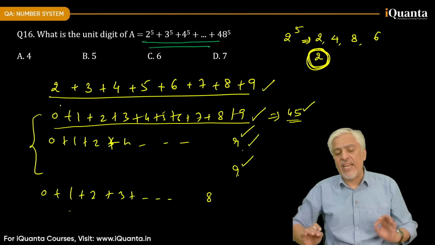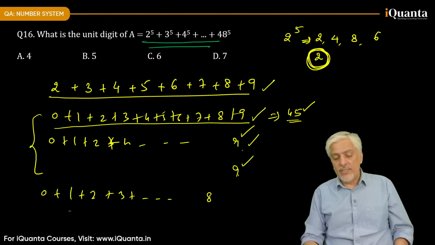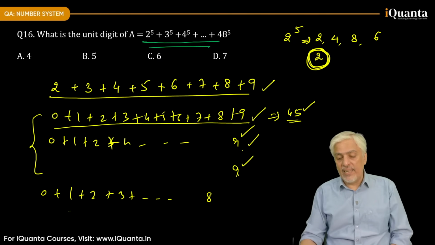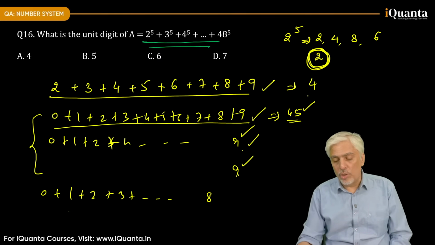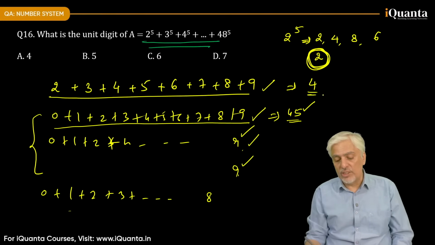So just be very careful. Please don't add the big number, only add the last digit. 2 से 9 तक का last digit will be 4, because 1 is not there. 45 के बदले में 44 आएगा, तो last digit is 4.